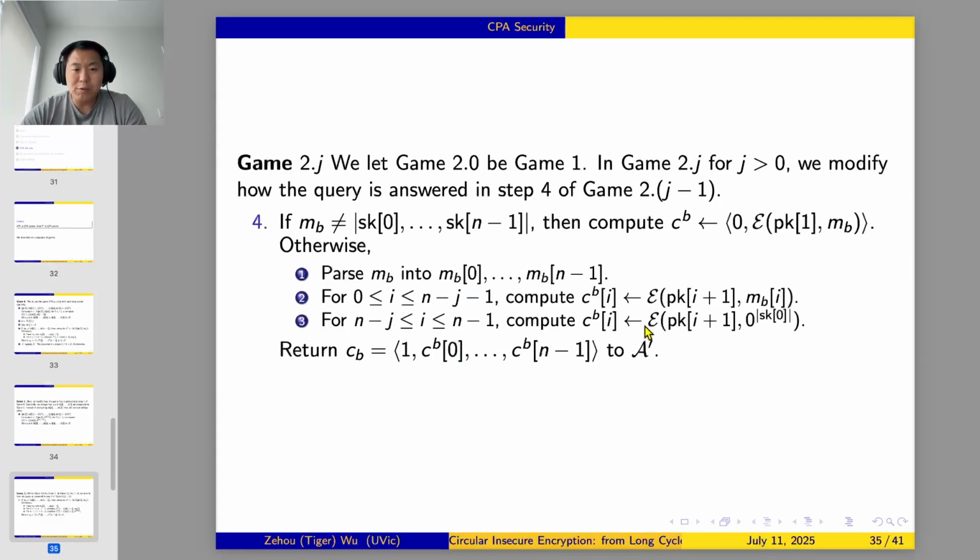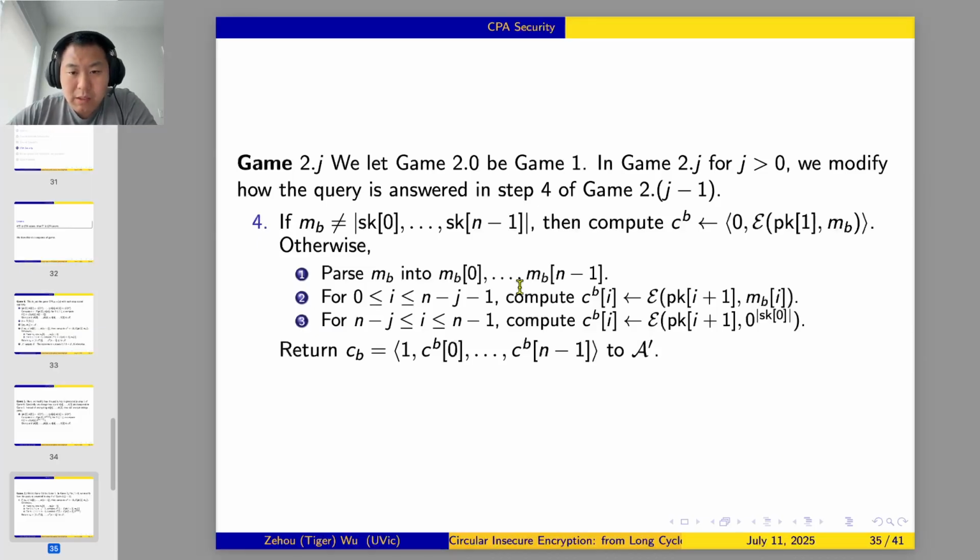So we let game 2.0 be game 1, and for j larger than or equal to 0, we define game 2.j. What this does is, in step 4 of the game, after the adversary has sent in messages M0 and M1, we change how the ciphertext is created before it gets sent back to A prime.